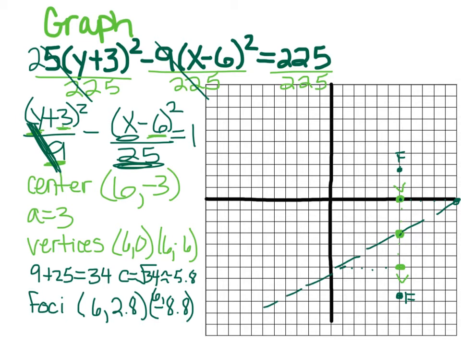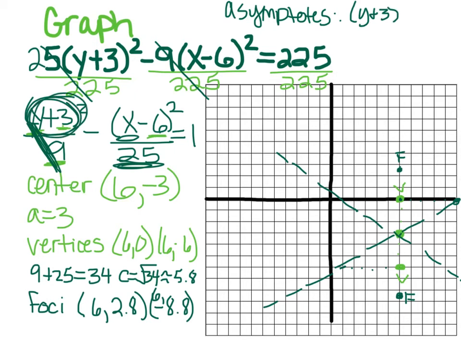For that asymptote, and then rise 3, back 5 for that asymptote. We're going to write them down. The equation is always going to be y minus k, so y plus 3, equals plus or minus rise over run.